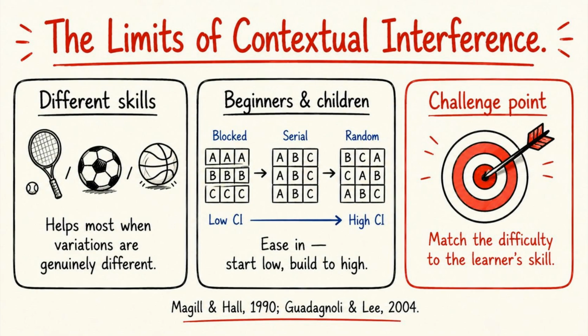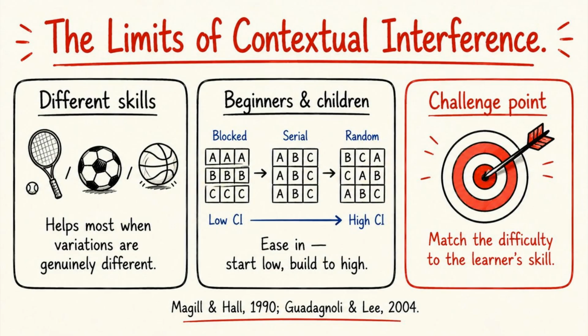On the learner side, children and low-skilled beginners often do not benefit from the highest levels of interference. For them, too much randomness early can overwhelm, and lower interference, or a progression that starts low and builds toward high, tends to work better. That idea has a name: the challenge point. You want to match the difficulty of the practice to the skill level of the learner, so they're optimally challenged, not overwhelmed and not bored.